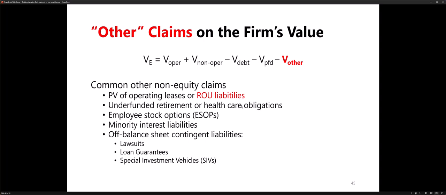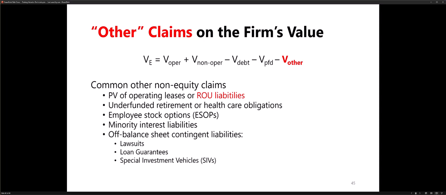Well, this is right here: ROU liabilities. We're deducting them because they are considered as debt, right? Then your underfunded retirement obligations. The company still has to pay for the unfunded part of that retirement.